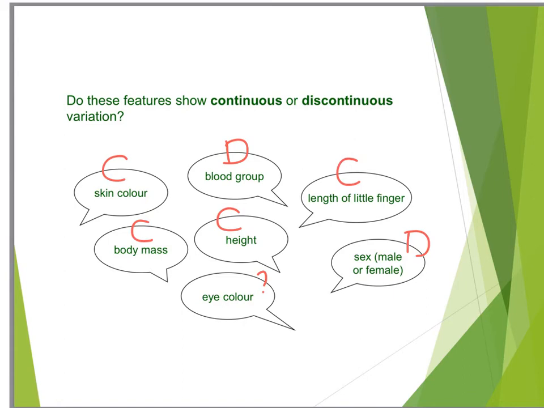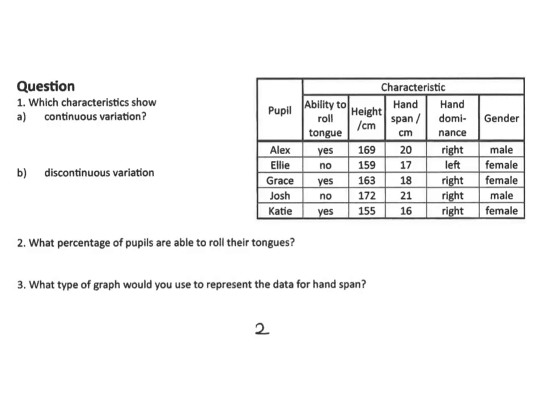Look back at the previous page. At the bottom of that, there are a few questions. Pause the video and answer them. Now I'm going to talk through the answers. Which characteristics show continuous variation and which show discontinuous variation? Think back to what we said earlier.